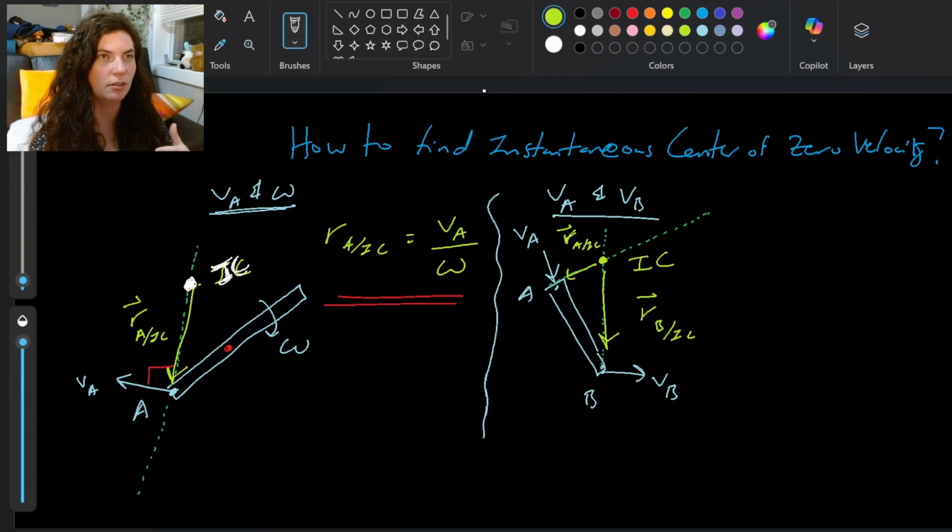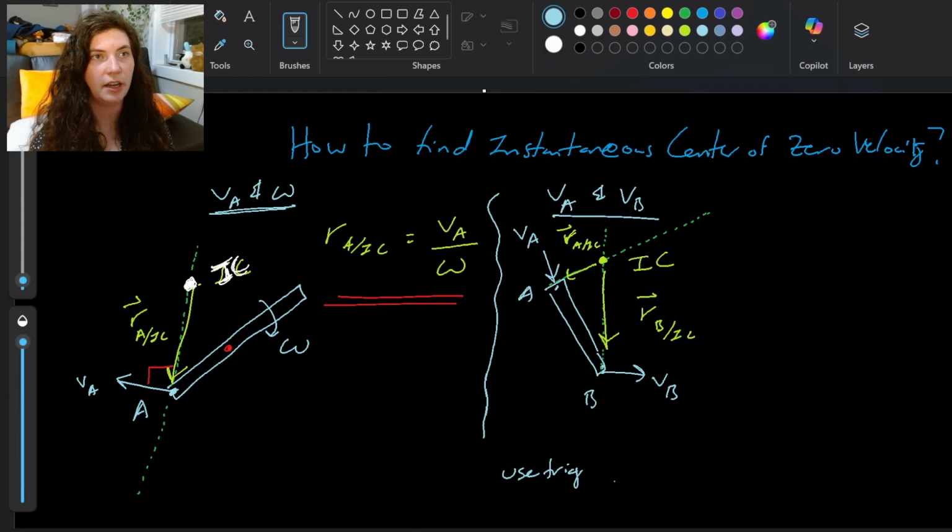Your angular velocity isn't given to you here. You might be able to calculate it, but typically these values and their relationships are found with trig. I'm just going to say under here, use trig. And when I say that, I mean your basic sine, cosine, tangent, but also sometimes those special things like law of sines, law of cosines. Those may come in handy as we're figuring out these problems.